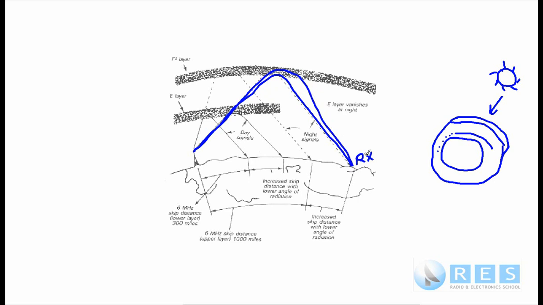So if they arrive at the receiver in phase, then the receiving station will get a stronger signal. But not too long after that, their phase will change, they will arrive at the receiver out of phase, and the signal strength will drop almost to nothing, or it could even disappear. That's multiple path reception, and that's called multiple path fading. That's one of the primary causes of the signal fading in and out on HF radio bands when you're using ionospheric communications.